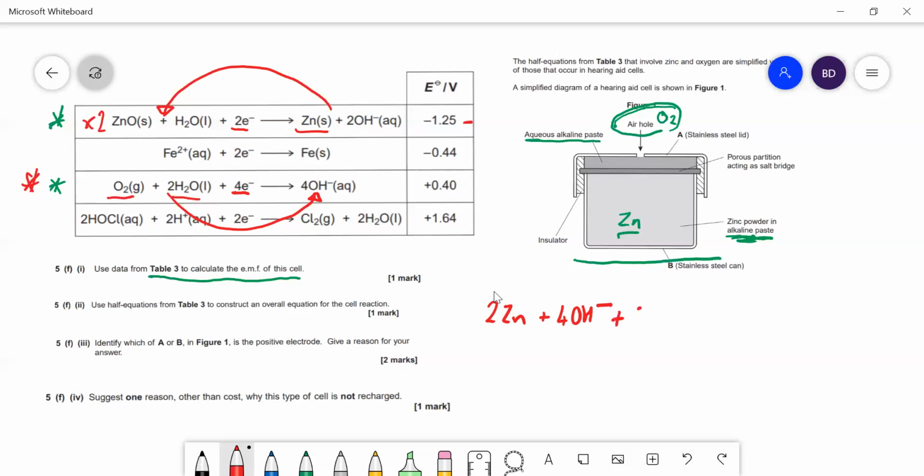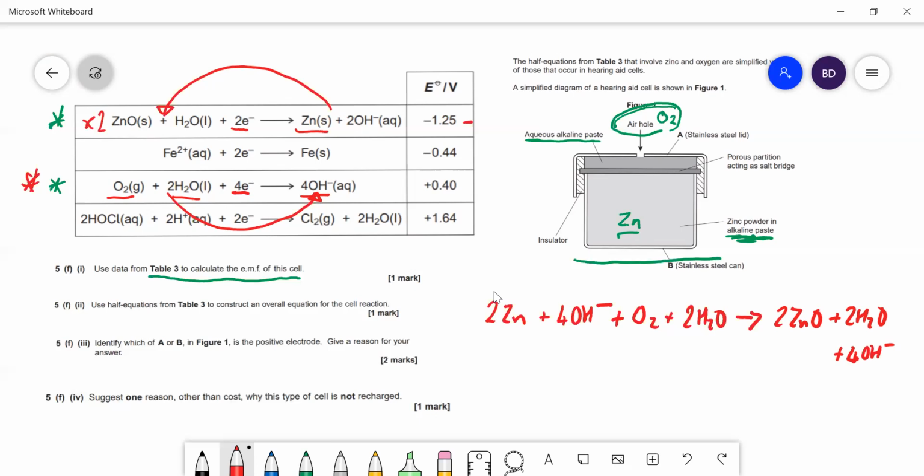So that's going to be plus O2 plus 2 H2O. And that is going to go to two zinc oxides, 2 H2Os. And then from this equation, we're just going to have 4 OH minus.